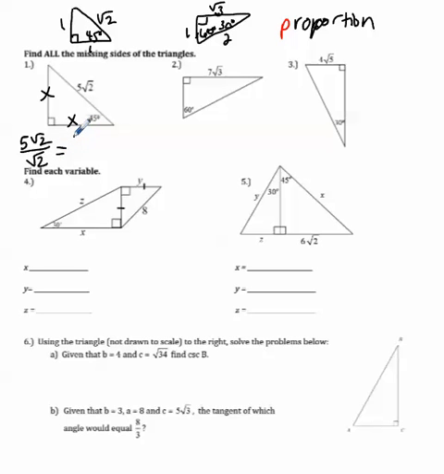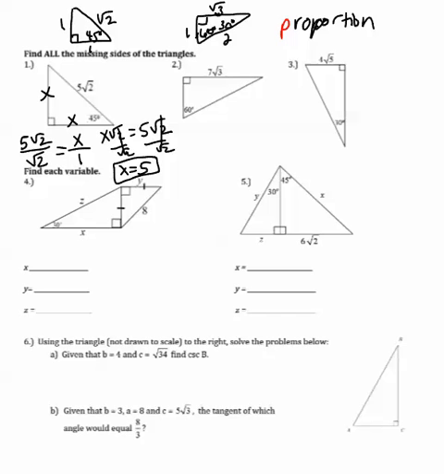So in my triangle, the leg is x, and in the parent triangle, the leg is 1. When I cross multiply, I get x times root 2 equals 5 root 2. I'll divide both sides by root 2, which cancels out both of the root 2's, and I get x equals 5. So both of my legs equal 5.